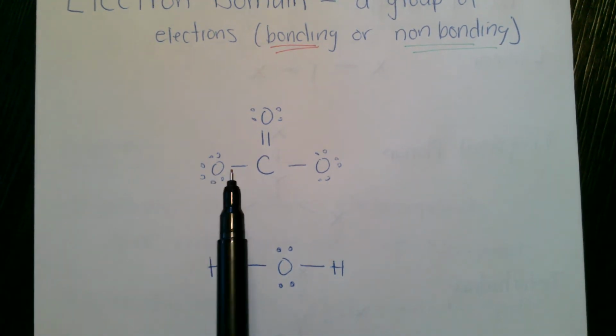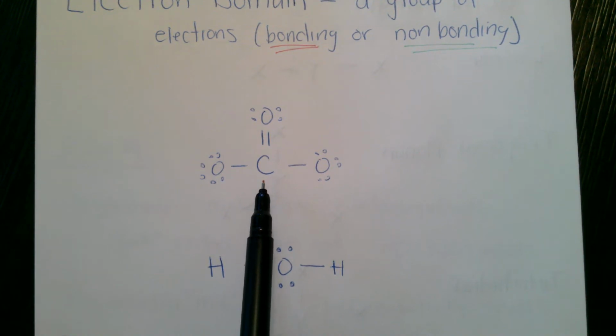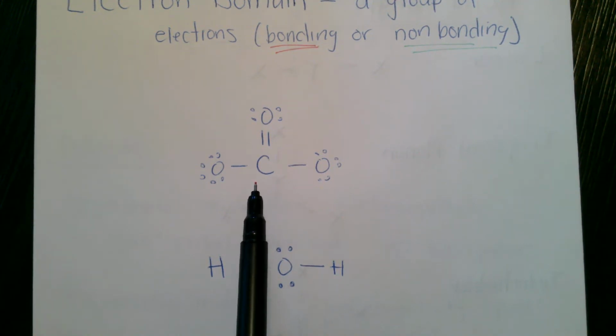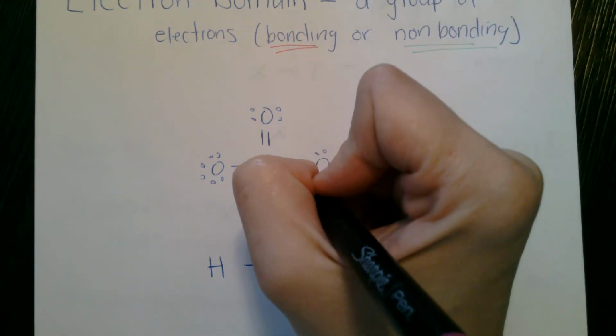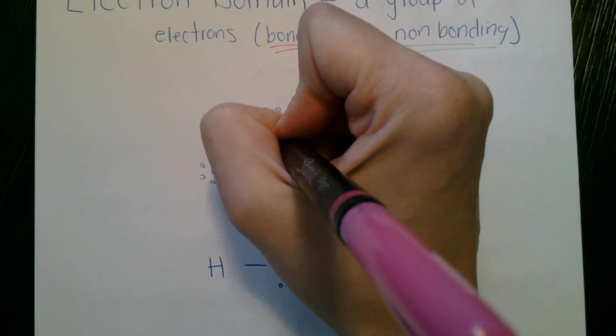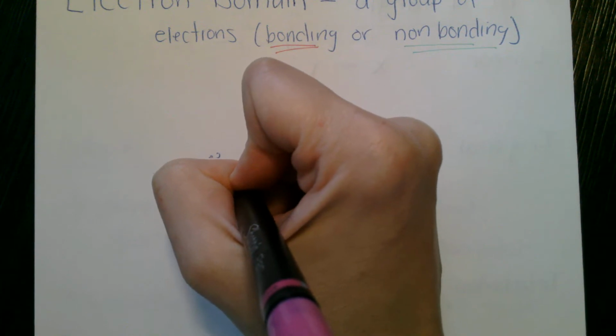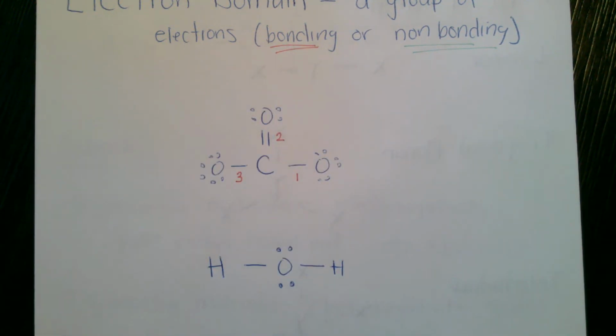We want to figure out how many electron domains we have on the carbon atom here. So, group of electrons. We have 1, 2, and 3 electron domains.